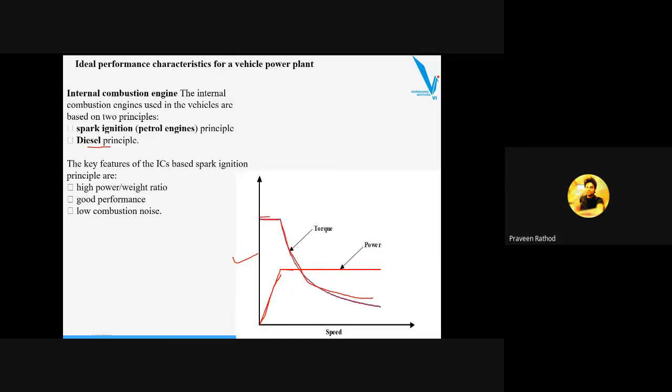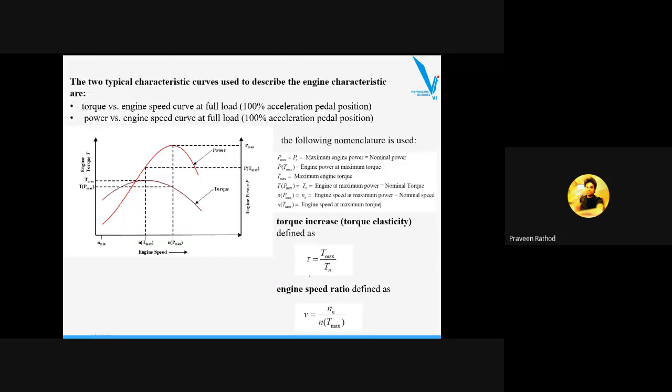So this is the ideal performance characteristic of the power plant of any IC engine. Torque varies hyperbolically with respect to speed. You can see the curve varies like a hyperbola when we compare torque as well as power.